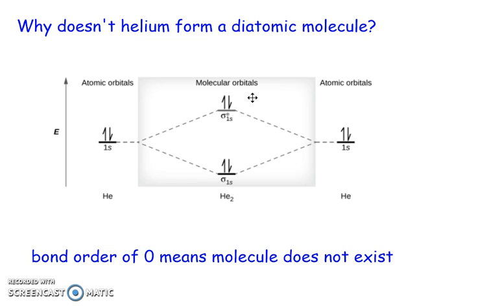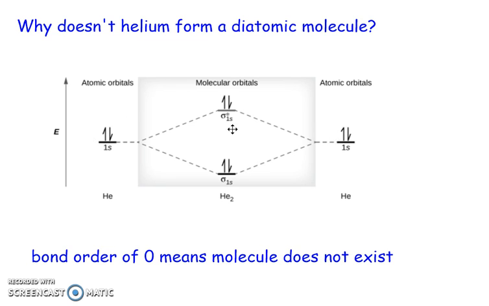However, helium doesn't form a diatomic molecule. Now, we've said before that noble gases tend not to react because they have a full valence shell, which is true, but can we also explain it using molecular orbitals? Well, helium has 2 electrons in the 1s orbital for both of them.